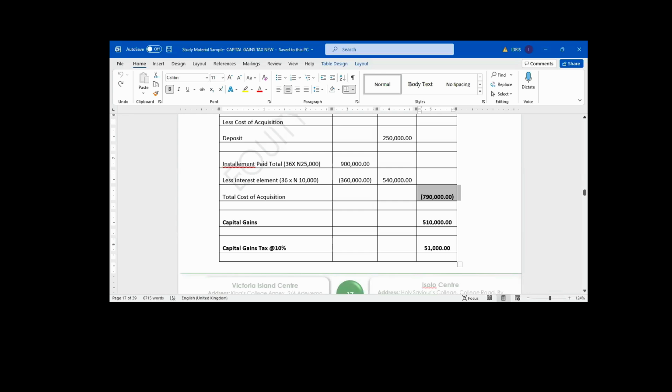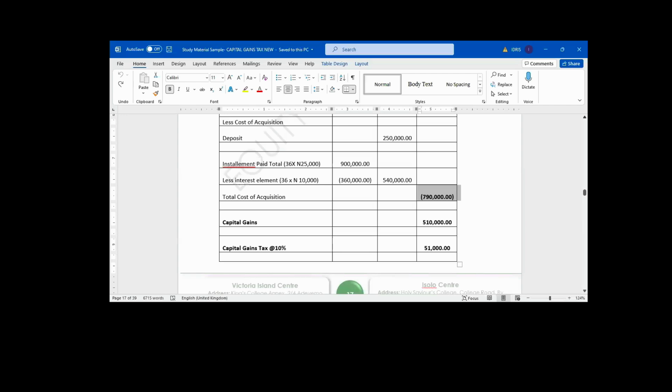How much capital gain have I made? 1.3 million. My capital gain tax will be 130,000.